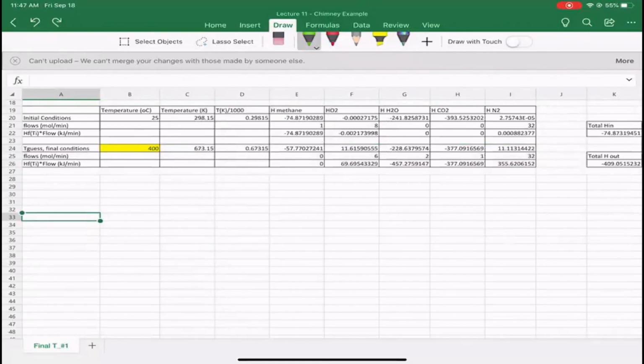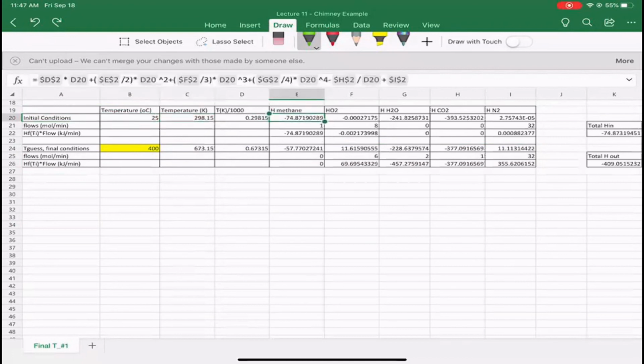The first row here is essentially just calculations. Our initial condition is 25 degrees C, which is 298.15 Kelvin. Then I use the equation above, which of course should just give the standard values, but I wanted to check that.